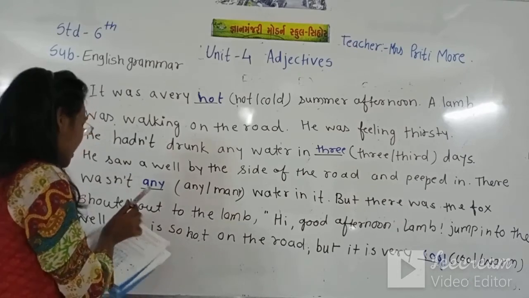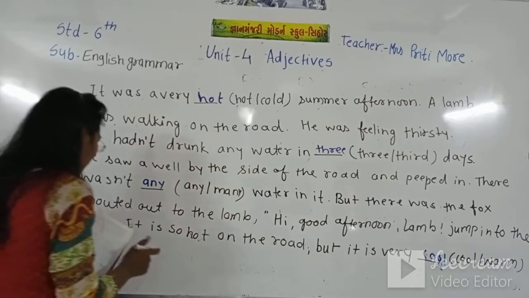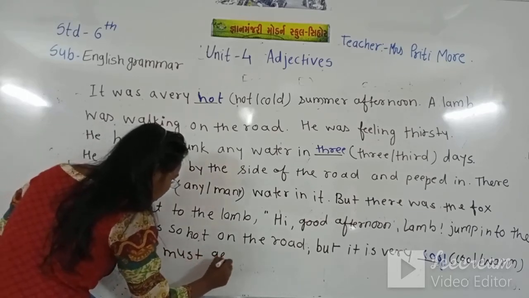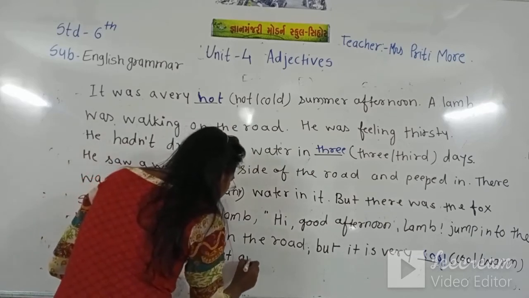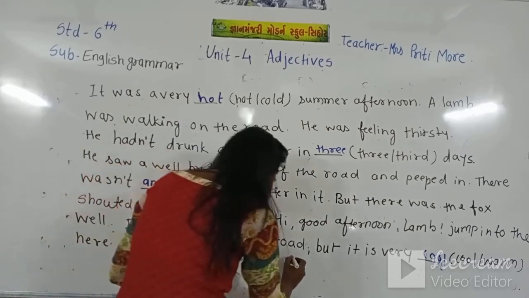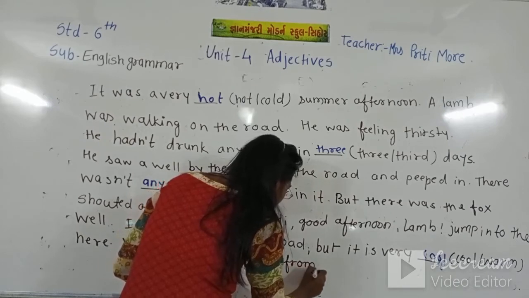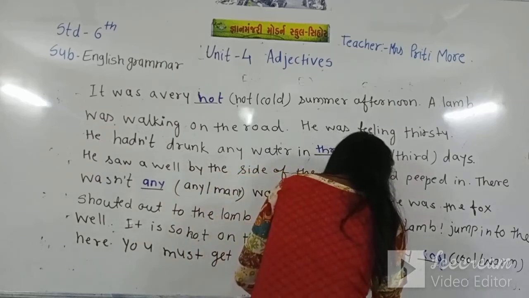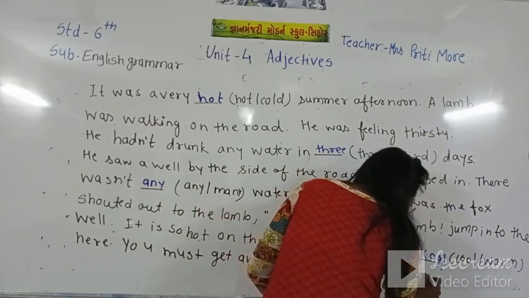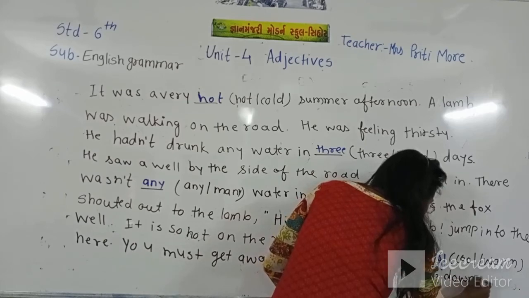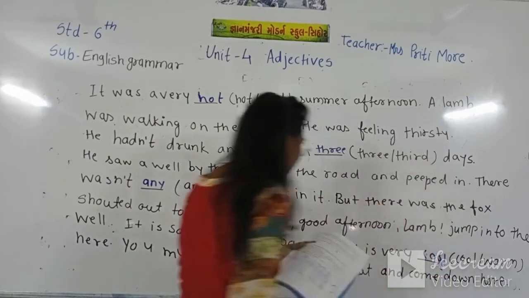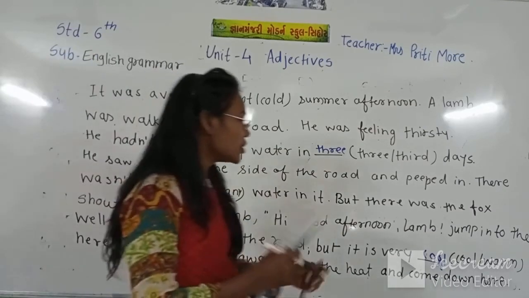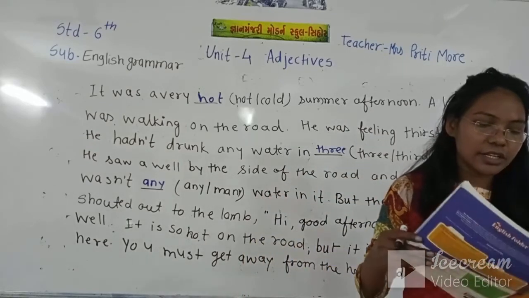So the fox is saying, in the well it is so cool, so you must get away from the heat and come down here. So this blank space we have completed. You just note down all the blank spaces in your notebook.